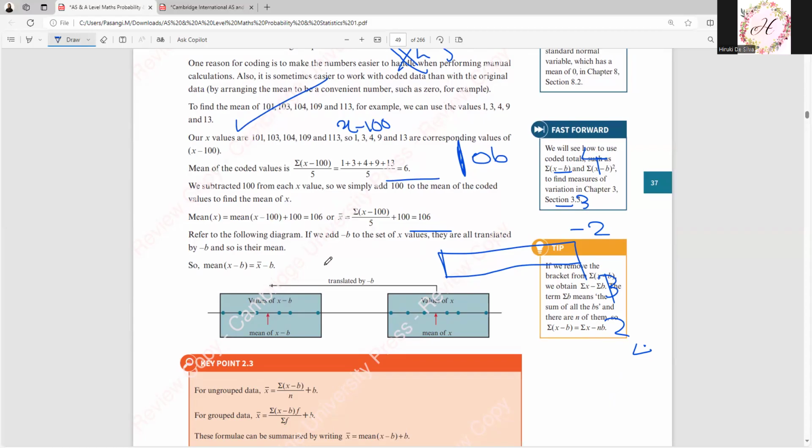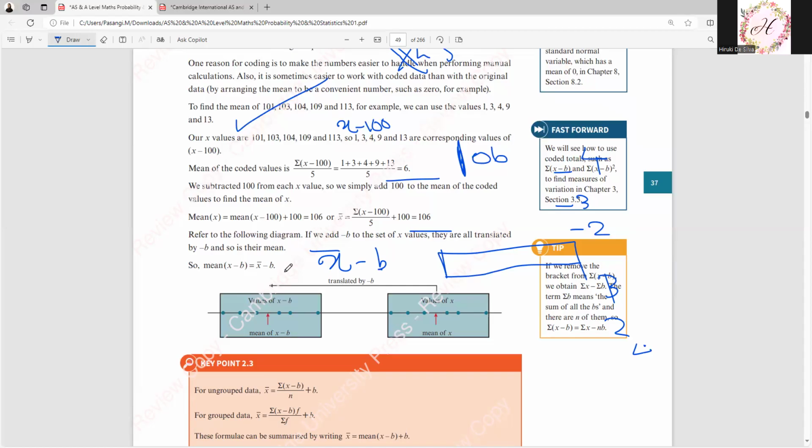Okay. Then we refer to the following diagram. If we add minus b to the set of x values, they are all translated by minus b, and so is their mean. So the new mean would be x minus b equals x bar minus b.